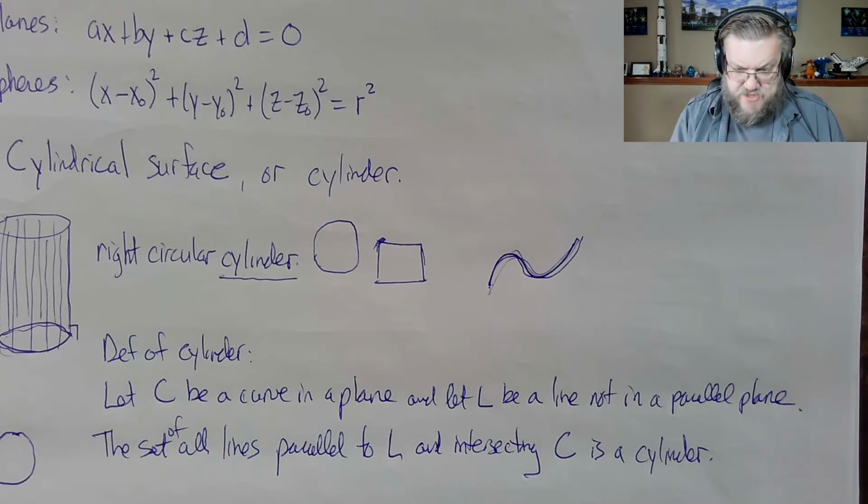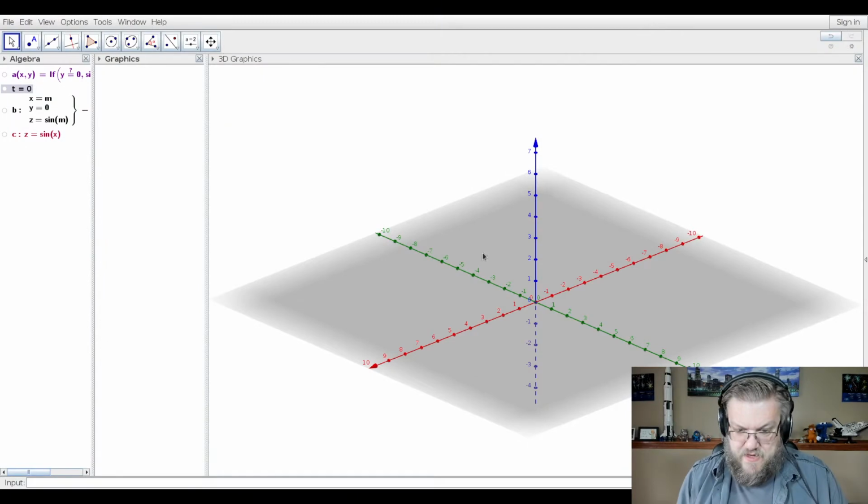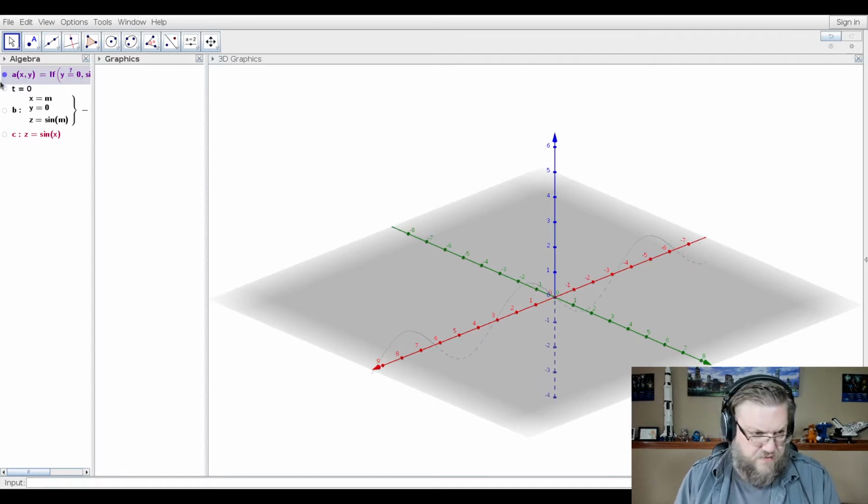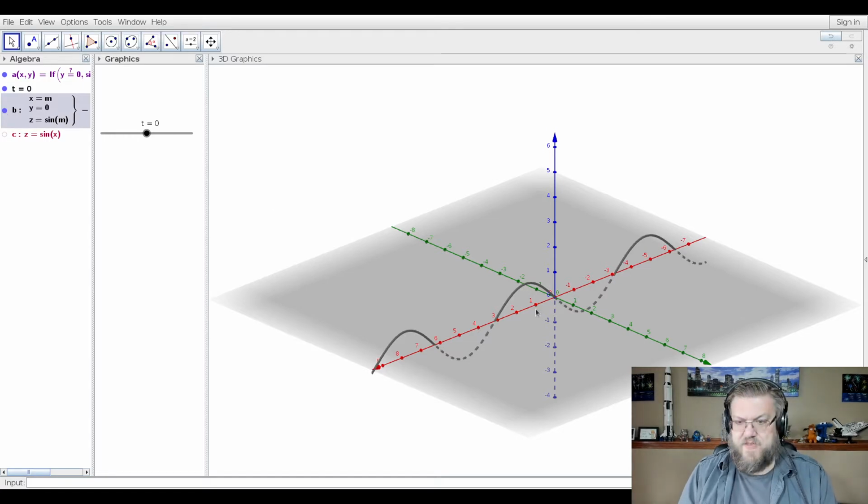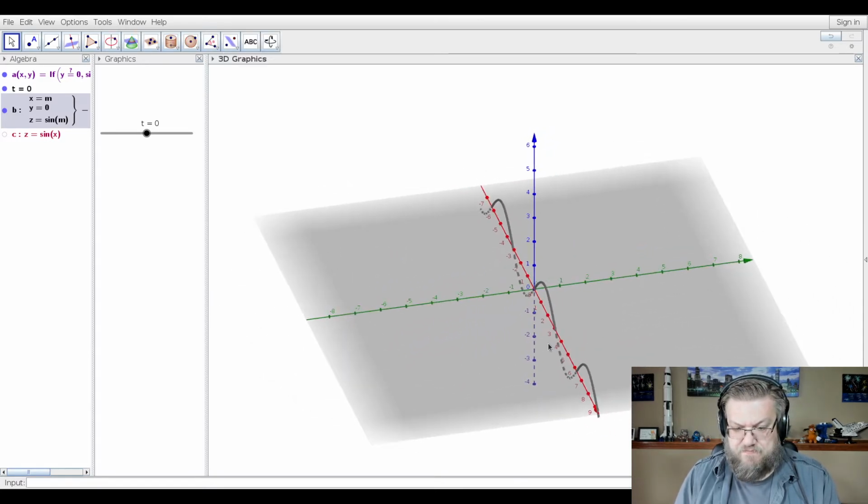So let me show you. I think I did something in GeoGebra here. Yes, I did. So in GeoGebra here, what I can do is, suppose I draw a curve. Oh, that doesn't show up very nicely. Let's see if I can do better. Yeah, there we go. So let's say I generate this curve right here. See that? And so this is a curve in 3D, right?